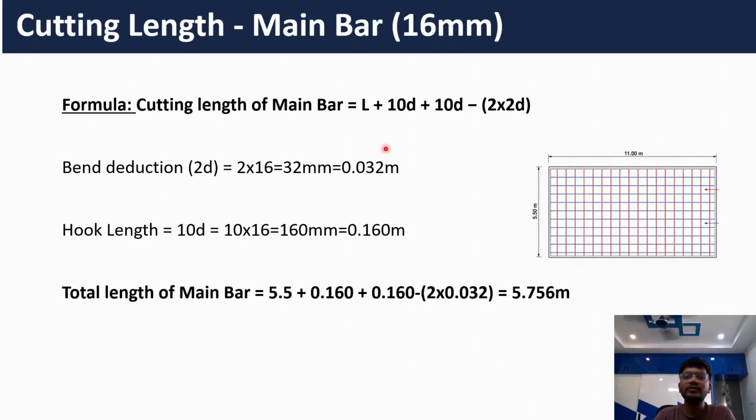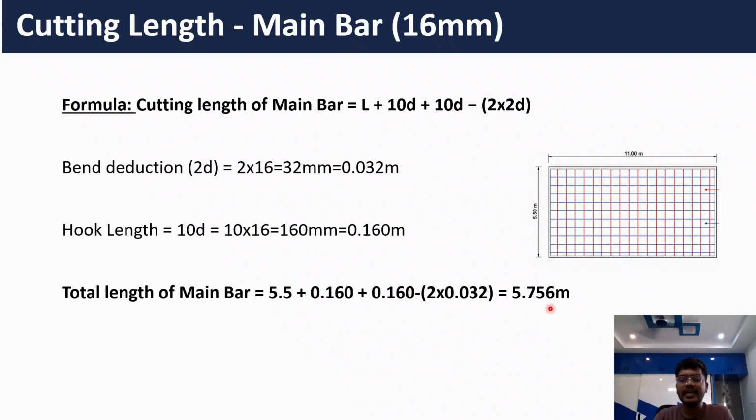So the total length of main bar is 5.5 meter plus 0.160 plus 0.160 minus 2 times 0.032, and if you calculate it, it will come as 5.756 meter. So the cutting length of one main bar is 5.756 meter.